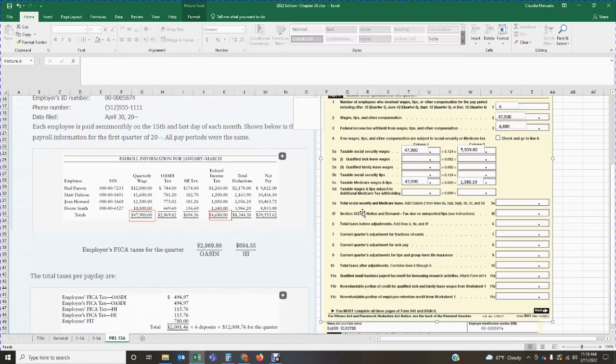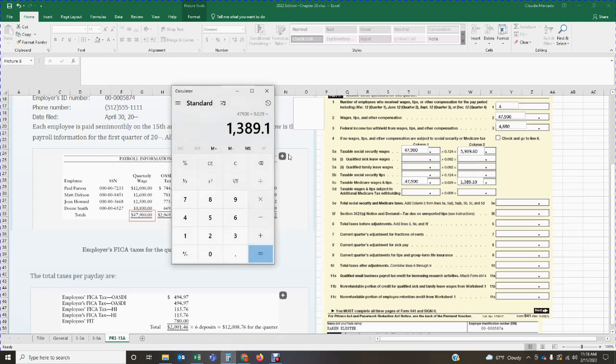Okay. Line 5E says to add all of the amounts from column 2. We're going to add all of those amounts. So, if we only have two amounts in column 2, we're going to add those together. 5,939.60 plus 1,389.10 gives me 7,328.70.